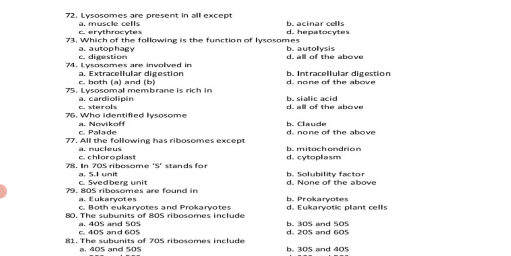In case of eukaryotic cytoplasm, 80S type of ribosomes are there, but the nucleus is without ribosomes. So option A is the answer of question number 77. Then moving to the next question 78. In 70S ribosome, S stands for Svedberg unit. Option C is the answer of question number 78.